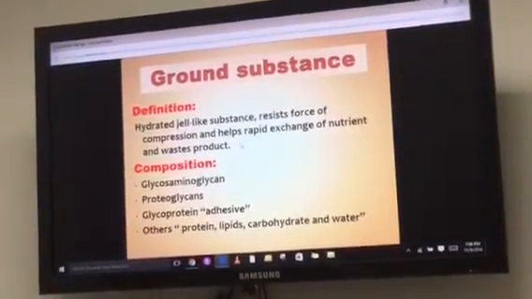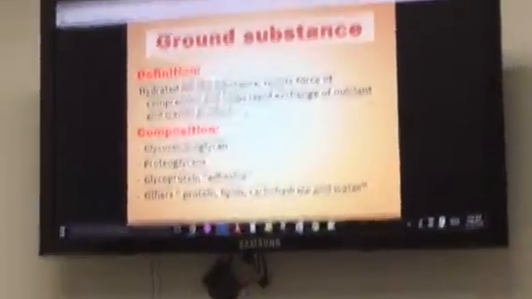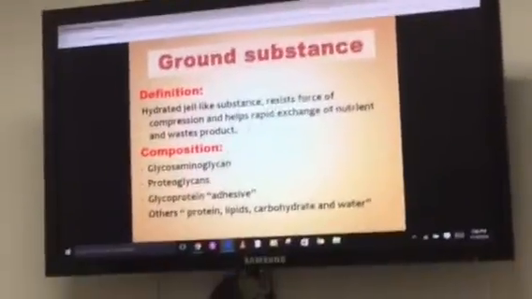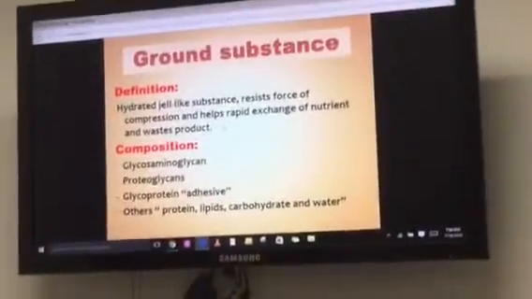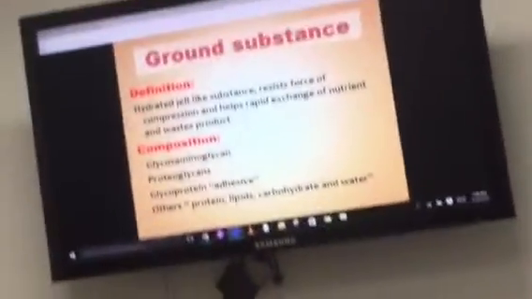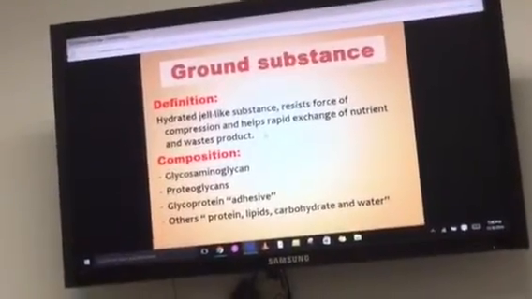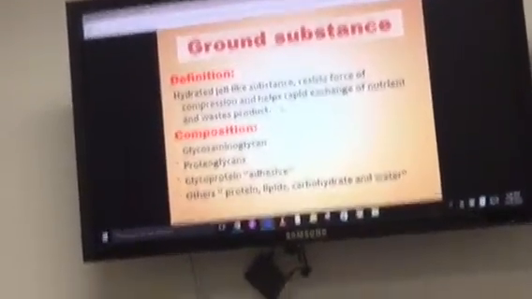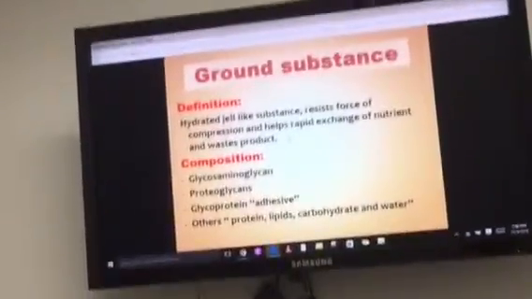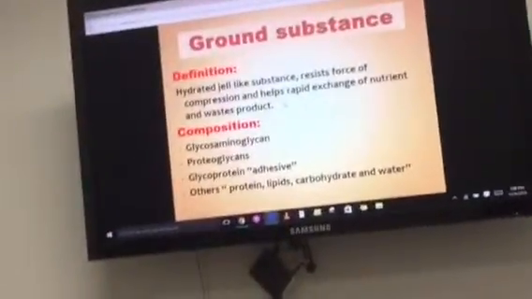Now we're going to go into the ground substance. Ground substance is a gel-like substance that resists force of compression and helps rapid exchange of nutrients and waste.